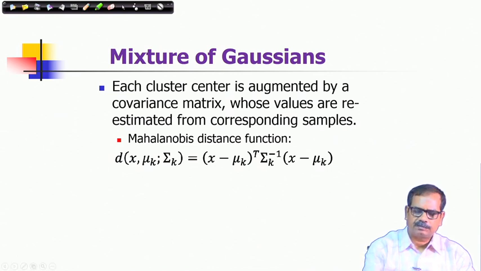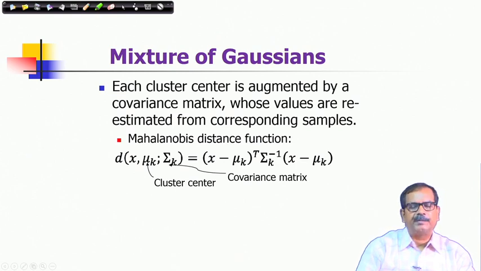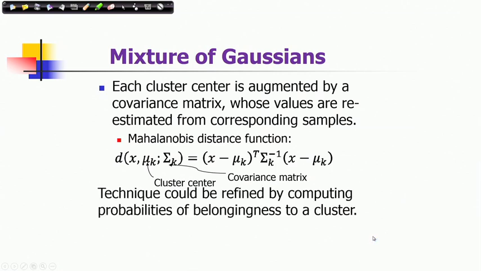So, this is a cluster center and this is a covariance matrix. So, you can apply it like the K-means algorithm, but of course, this is not the technique of mixture of Gaussians, though it has some similarity. What we can do instead is refine it by computing probabilities of belongingness to a cluster.